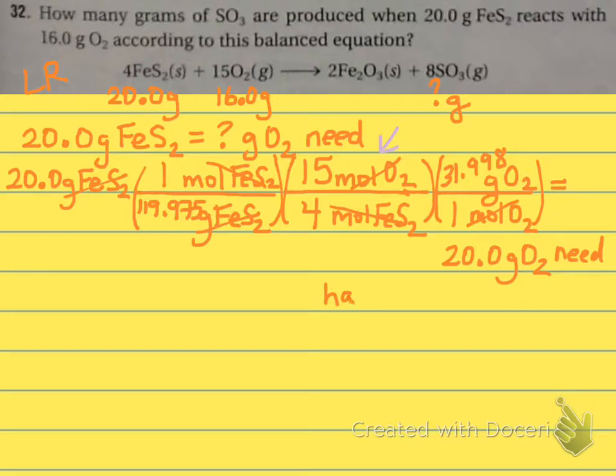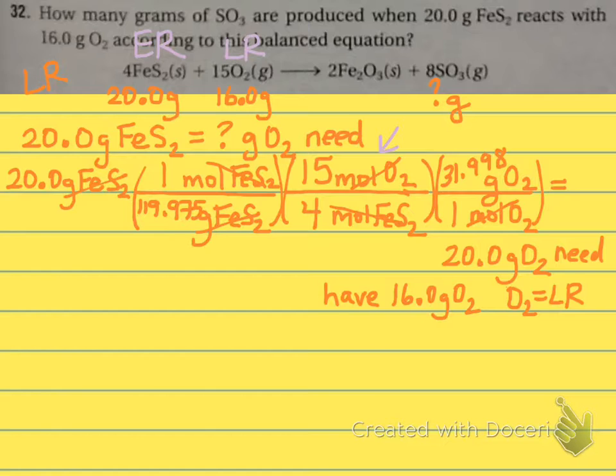I have 16 grams of oxygen. So I'm going to run out of oxygen. Therefore, oxygen is my limiting reagent. So again, I like to label that.